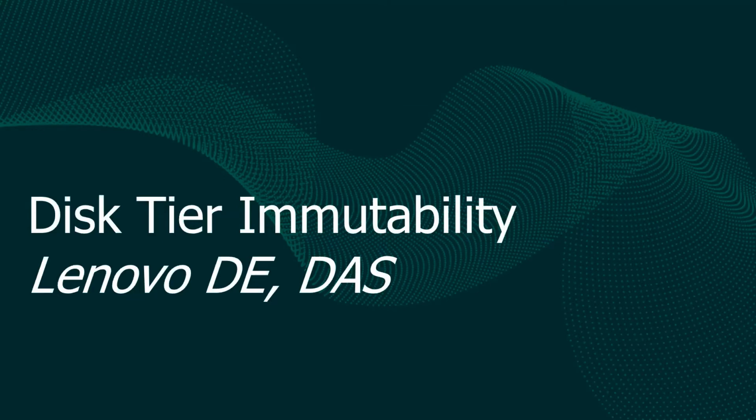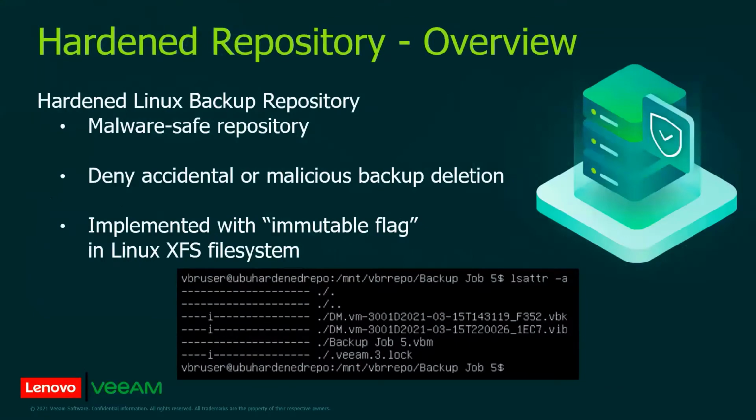Particularly with an eye toward what we do with Lenovo, DE is a great backup storage target for us. Also, of course, you could use direct attached storage like one of the Lenovo JBOD solutions. We're adding this new disk level immutability to the product, so that you can have immutability at the performance tier, the capacity tier in S3, and then an offline tier with WORM tape.